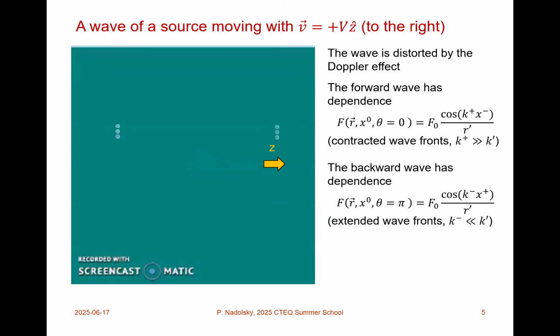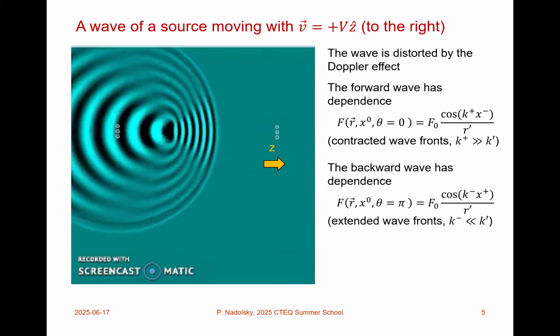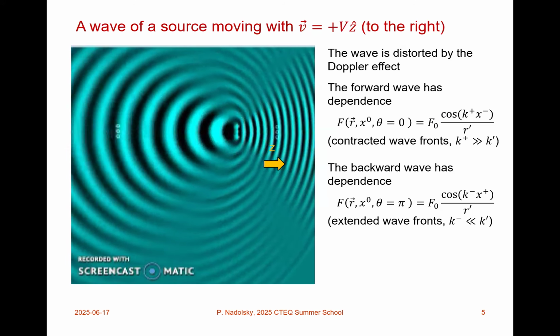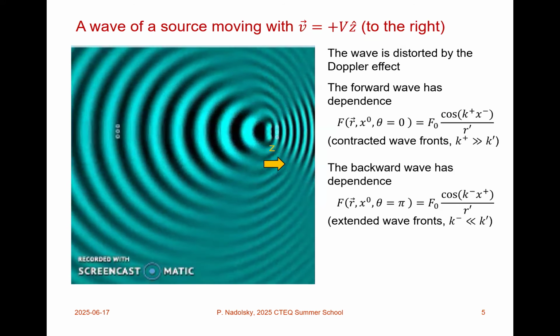Now, if you look at the wave of the moving source, we have this distortion that you saw. Let me play it while I'm talking. The wave that goes exactly in the forward direction does not have the previous cosine dependence, but has dependence cosine(k plus times x minus). x plus and x minus are those coordinates that I was describing to you.